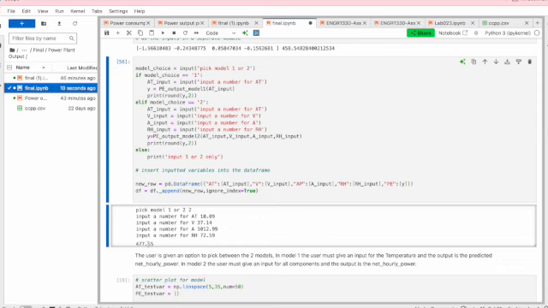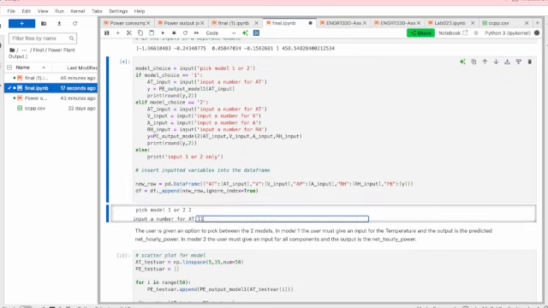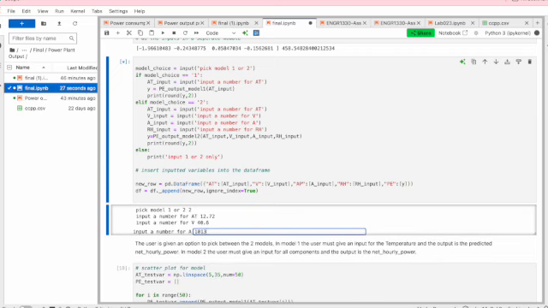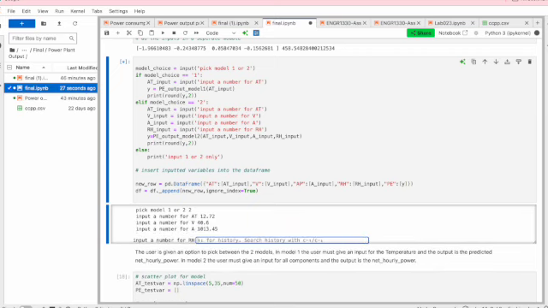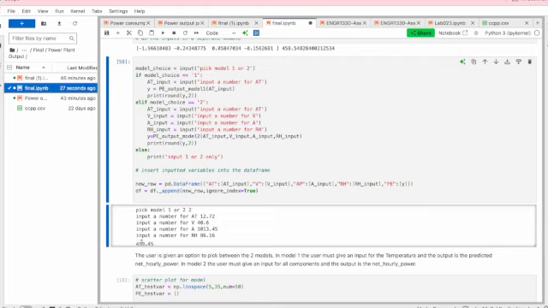And that gave us 477.55. And now I'll input the last set. And that gave us 469.15.